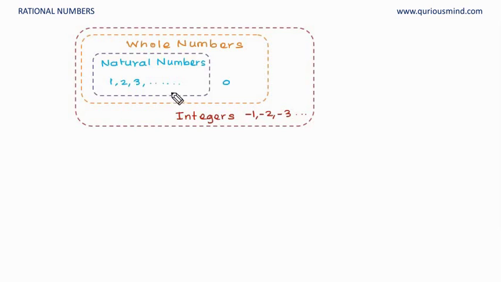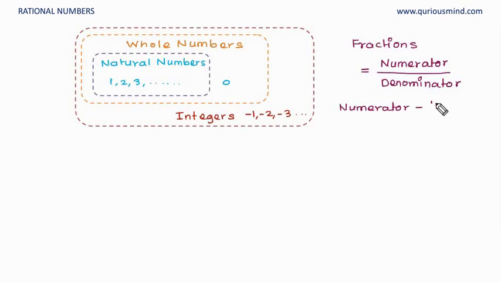So to show these numbers we spoke about fractions, and fractions were shown in the form of numerator divided by the denominator, where numerators were the whole numbers and denominators consisted of natural numbers, which means the denominator could not be 0.